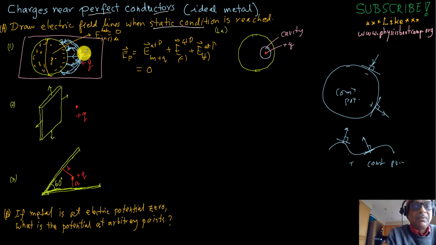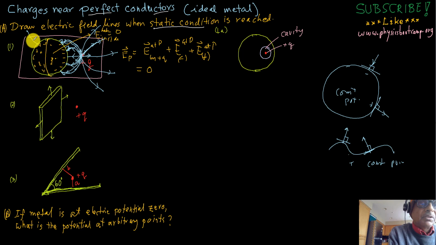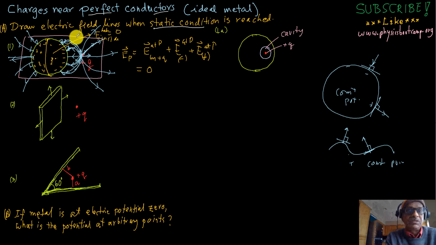Some of these will go like that, and this goes in a straight line, this goes like that. On this side, electric field lines will come out that way, and that way. It's going to be 90 degrees, 90 degrees, 90 degrees. So these are the electric field lines over there. Any questions about electric field lines? So we're done with one.